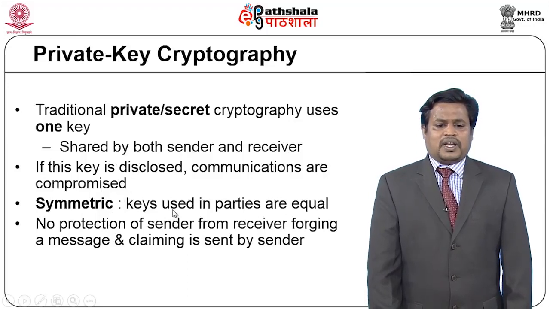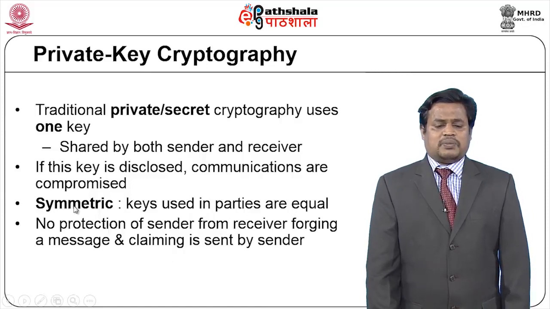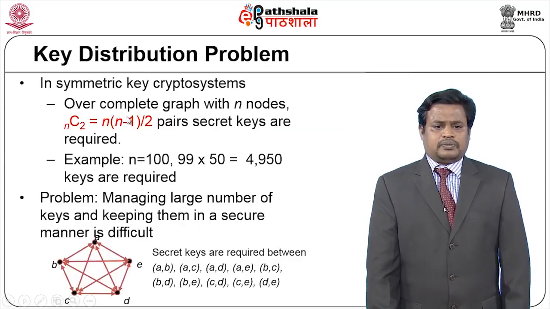That is a difficulty. Since the keys used by both parties are equal, there is no protection for the sender from the receiver forging a message and claiming it was sent by the sender. So we don't have any proof that it was sent from the particular sender. That is also lacking in symmetric key cryptography.